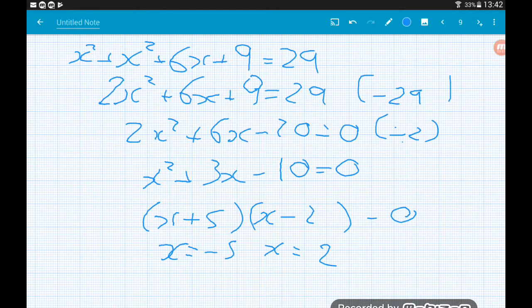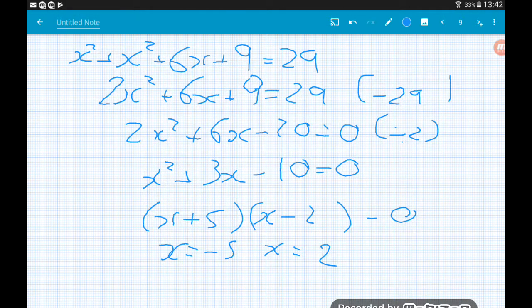We now want to substitute those into one of the equations. Again, there's certainly a simpler one to choose to work out our corresponding y values. So we'll take a look at how to do that.